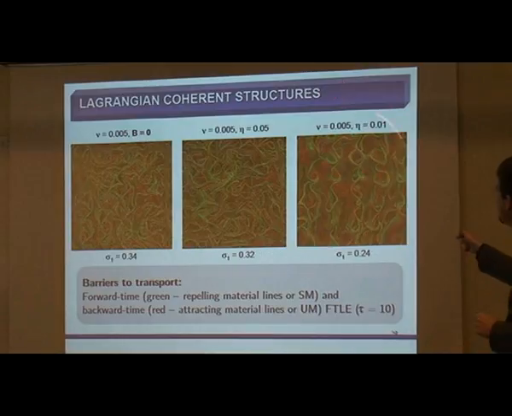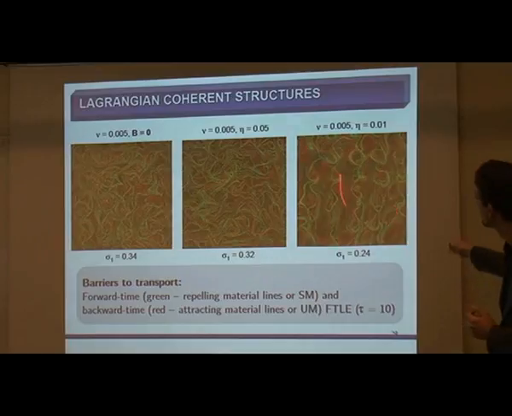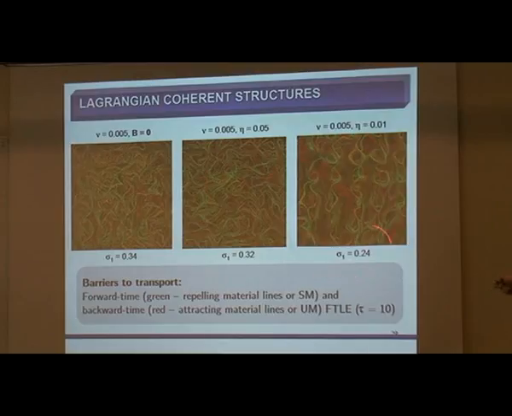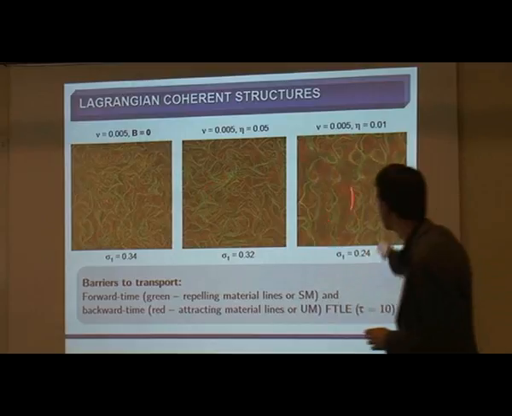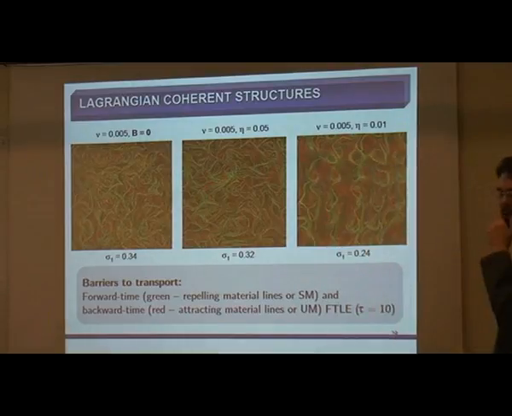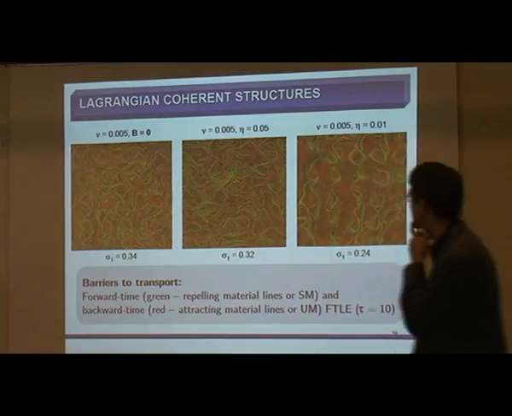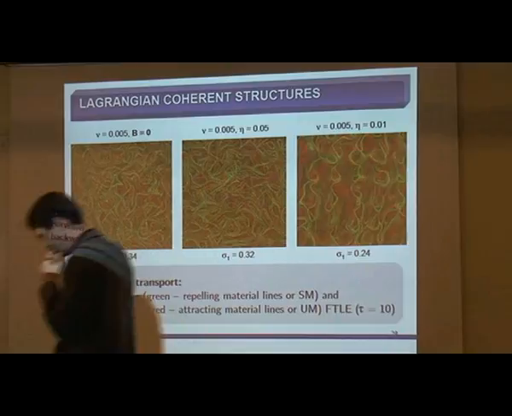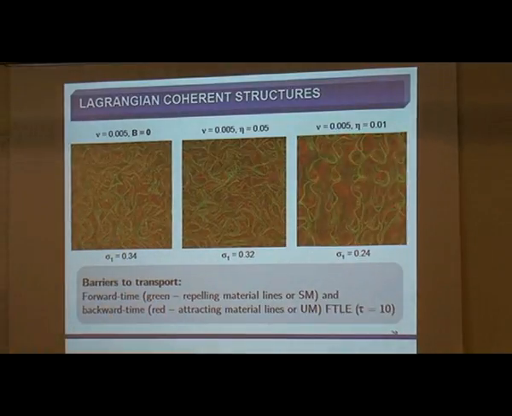Then in this case, which was the last case of coherent large scale field I showed you, you have much fewer structures, and the average maximal Lyapunov exponent is lower. So these lines are barriers to transport in the velocity field. If you want to study passive scalars, it's a good tool.